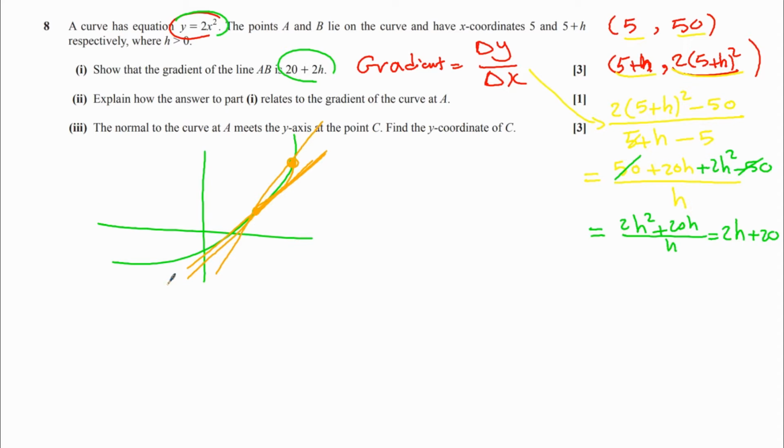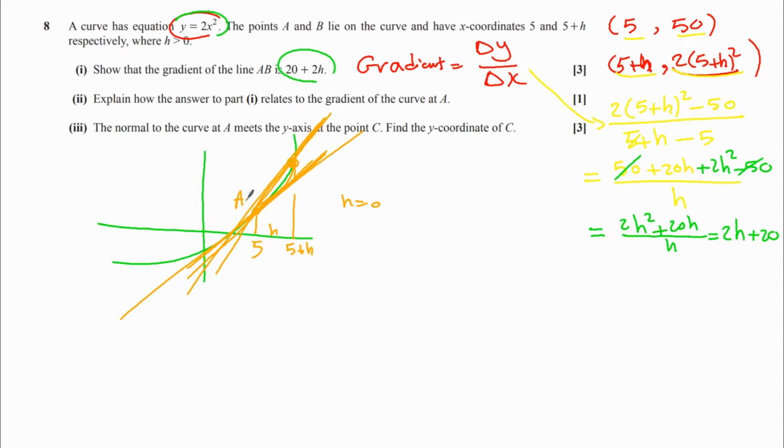In a way, this is 5 and this is h, so this would be 5 plus h. So if I reduce h to 0, the line connecting these two points would come into this line, which is the exact tangent to the curve at point A.